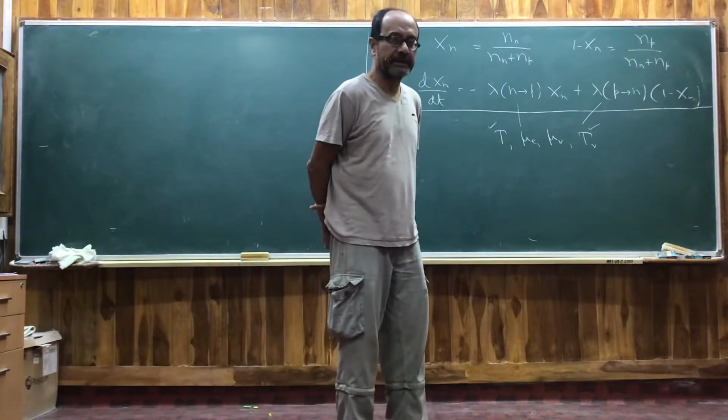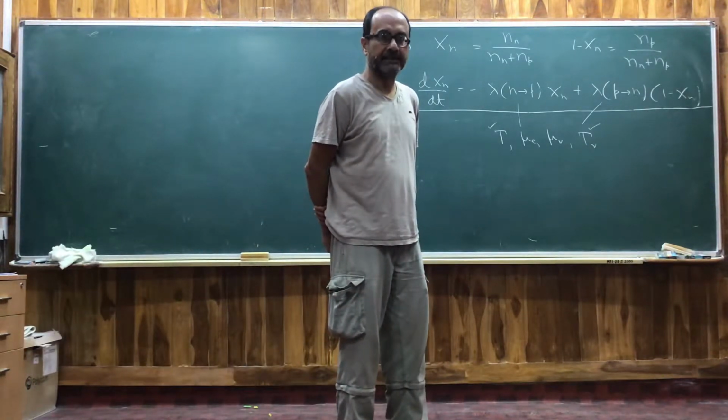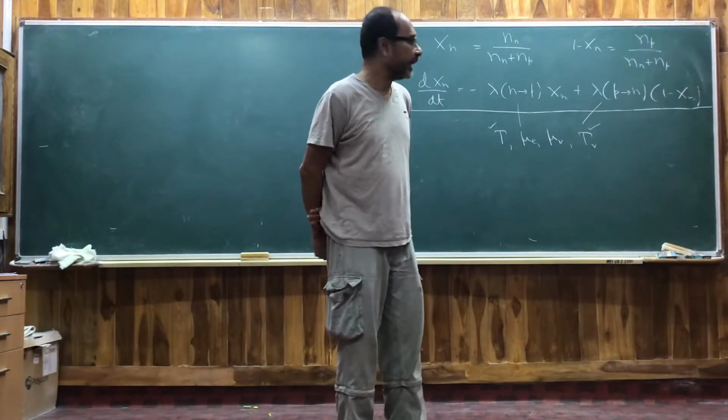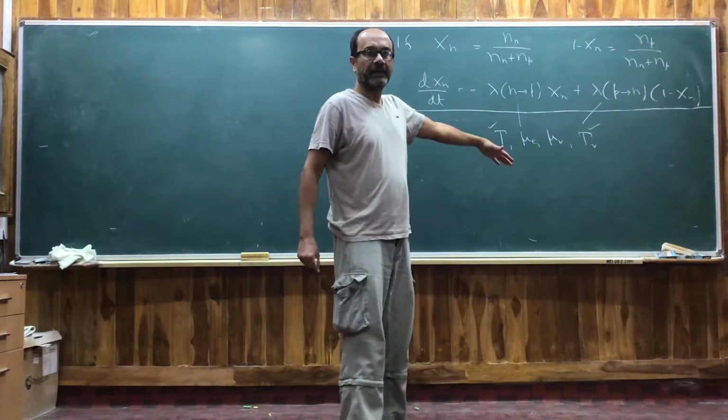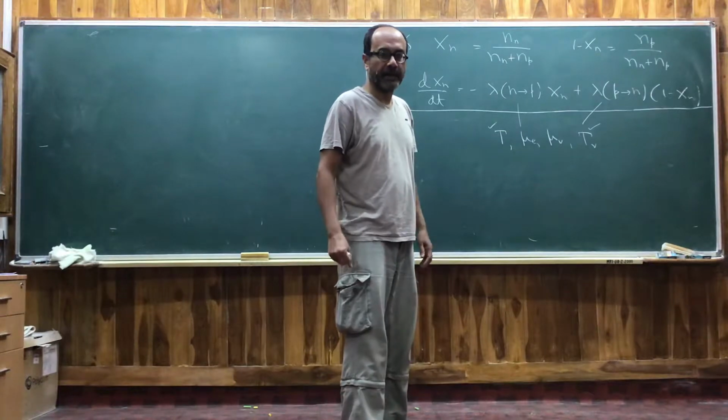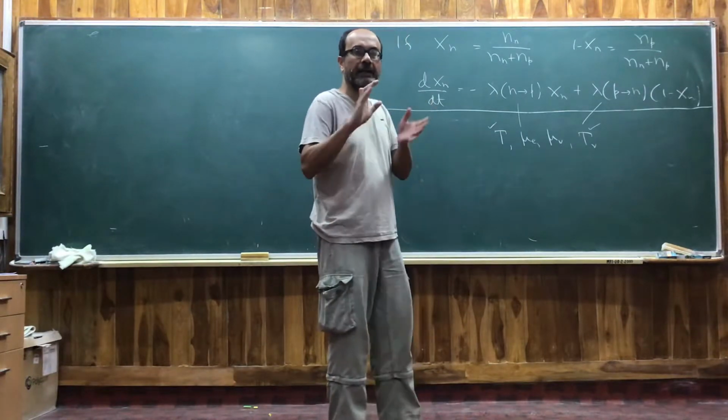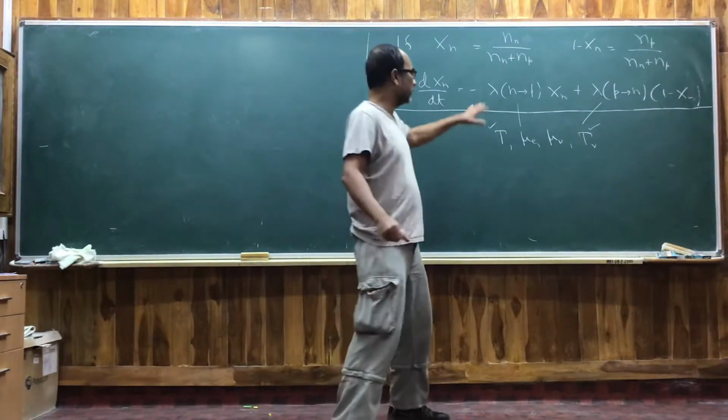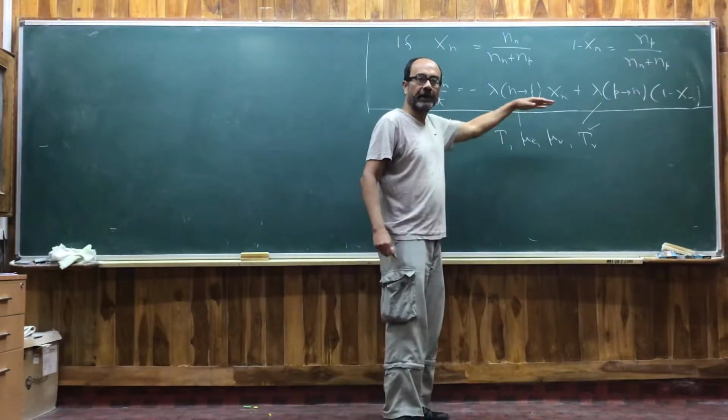T and T nu are not the same, but we know exactly how they change as a function of time, because I had also written down a table of how T and T nu change with time. So you know exactly how their time dependence is, and that's what you have to put in when you numerically integrate this equation.